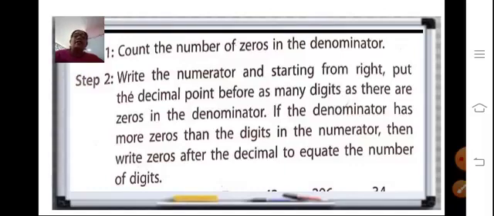If the denominator has more zeros than the digits in the numerator, then write zeros after the decimal to equate the number of digits.